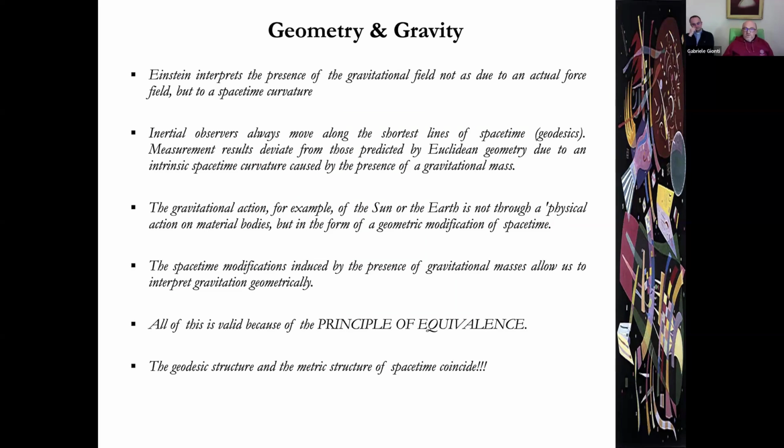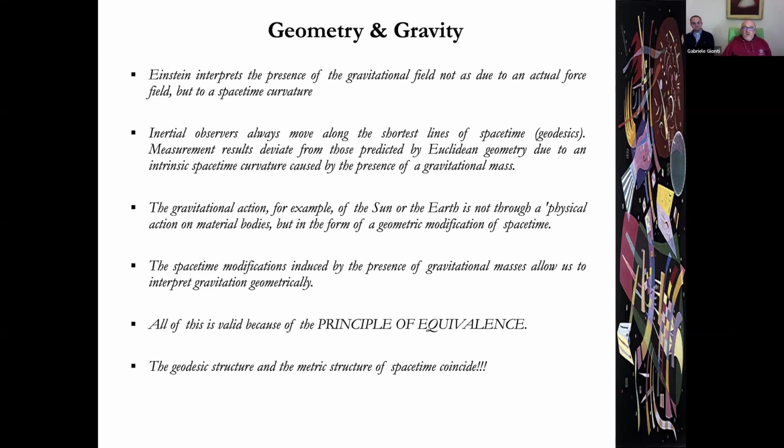Inertial observers always move along the shortest lines of space-time, called geodesics. Measurement results deviate from what is predicted by Euclidean geometry due to the intrinsic space-time curvature caused, as I said before, by the presence of gravitational energy, because energy and mass are equivalent in Einstein's relativity.